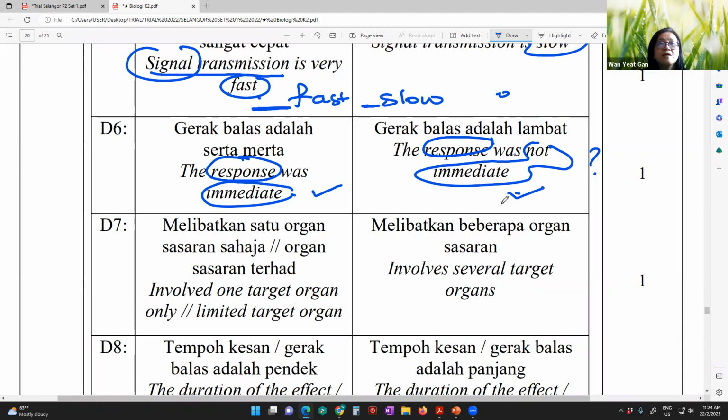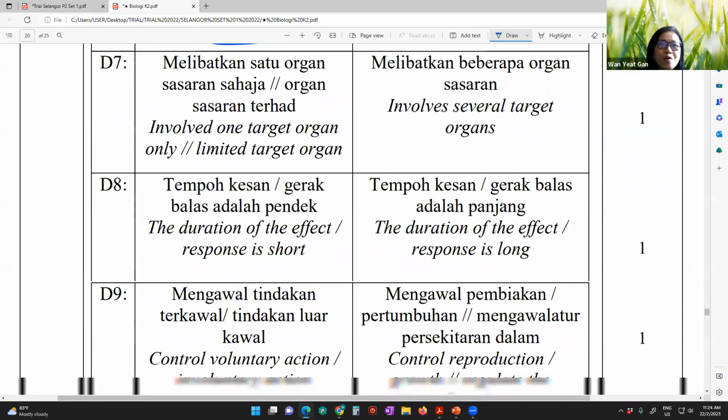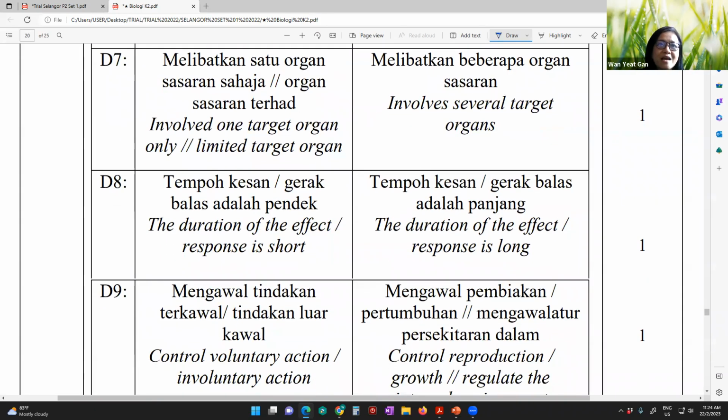And the targeted organs are always limited. There's always one target organ, whereas for the endocrine system, it involves several target organs. Now, next, the duration of the effect. That means how long is the response? The response is short, whereas the response here is long.